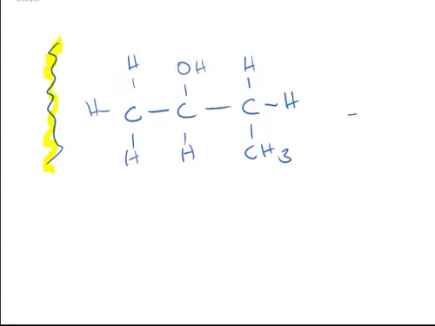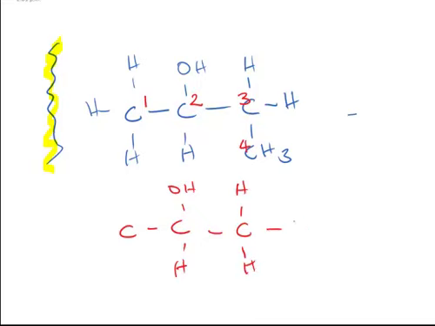Remember, we have to number the longest chain. The longest chain here is 1, 2, 3. And this methyl group isn't a side group, it's just part of the longest chain. You can just redraw that like this.